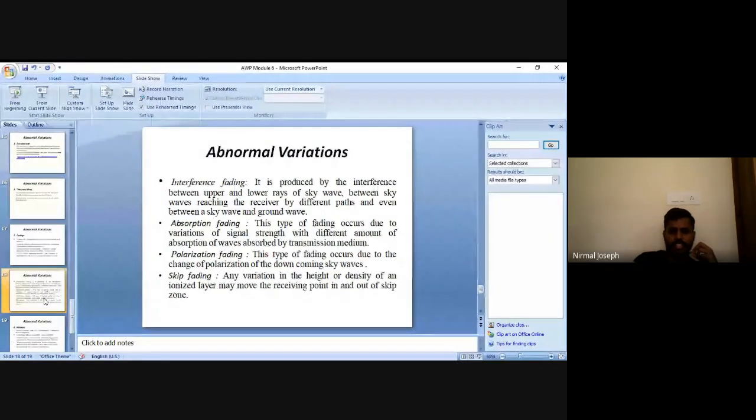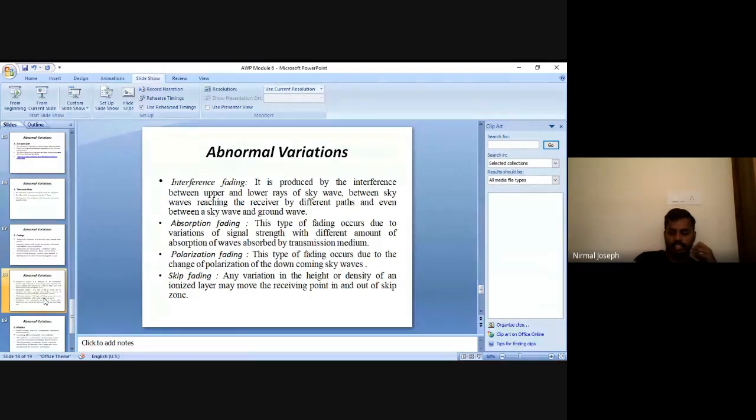The next is interference fading. What is interference? Interference you already studied in digital communication and signal processing, signals and systems, everywhere. How that interference results in fading here is what we are going to discuss. Here it is produced by the interference between upper and lower rays of skywave.